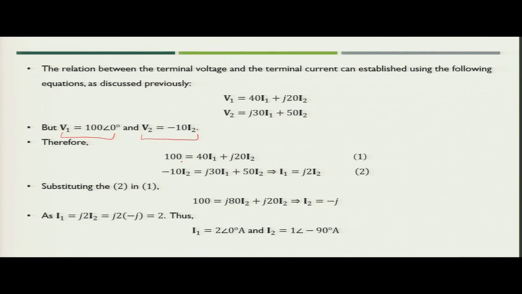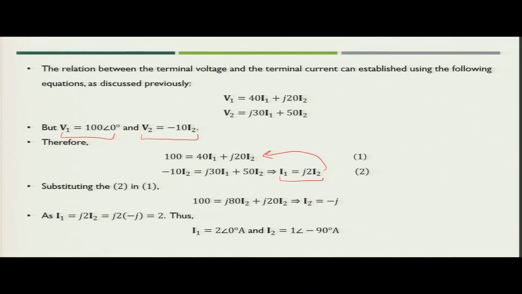So, we get 100 equal to 40 I1 plus j20 I2, and when we put the value of V2 as minus 10 I2 in the second equation and simplify, we get I1 equal to j times 2 I2. Now, if you put the value of I1 in equation 1, you can say that 100 is equal to j times 80 I2 plus j times 20 I2, equal to 100.